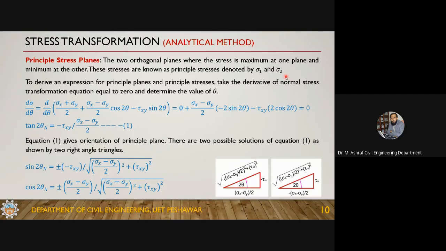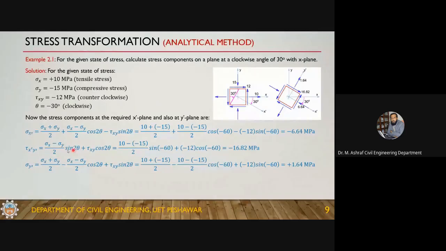So how to get the maximum stress? You have an expression that gives you the normal stress at any orientation. Then there will be an orientation at a certain theta where the stress will be maximum.